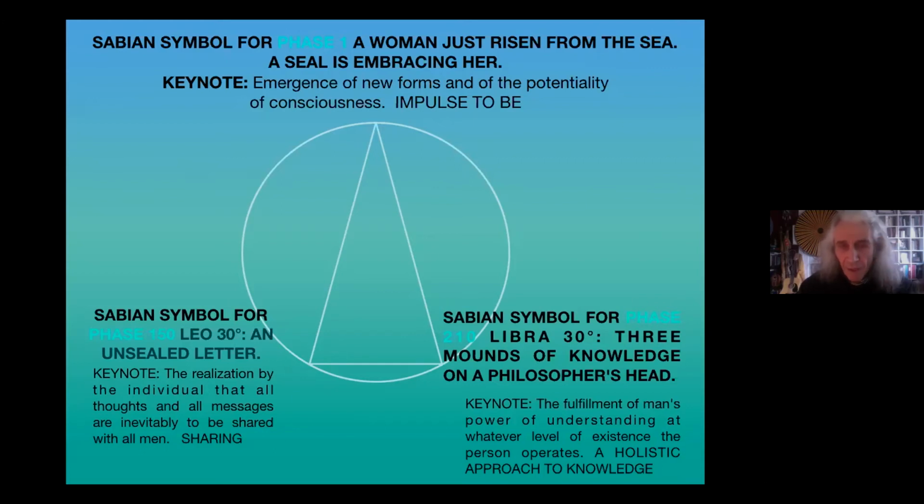So I wasn't aware of these Sabian symbols and their relationship to the quincunx as I moved through it consciously back in the 80s and 90s. But as I look at them now, in my current cycle, I'm approaching the 210 degree, the Libra 30 point.